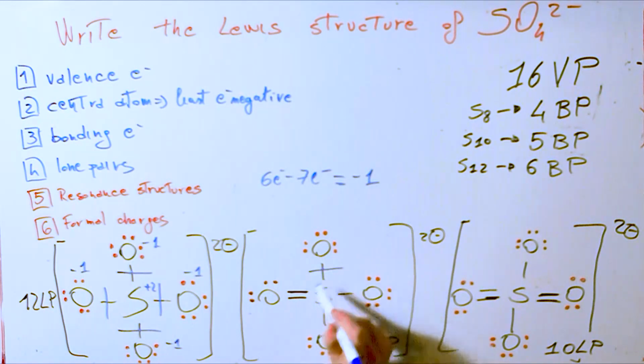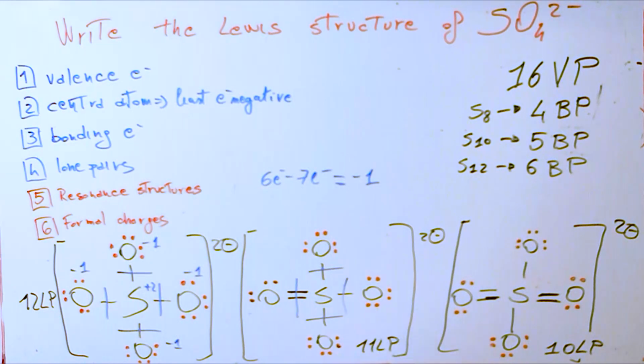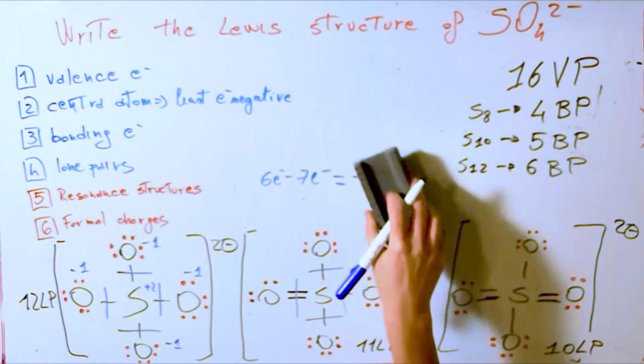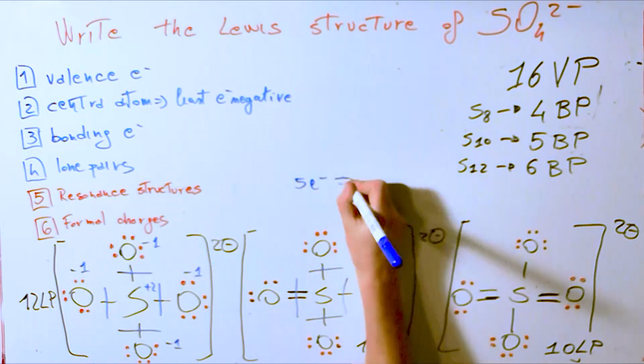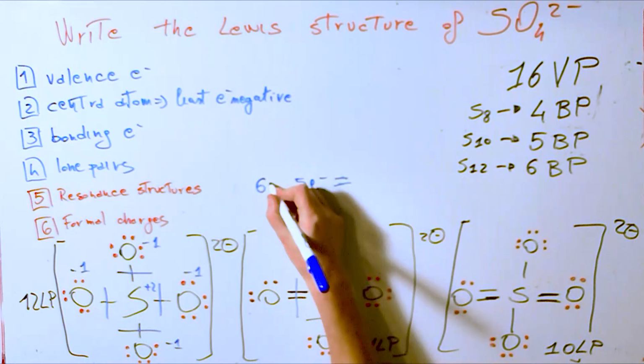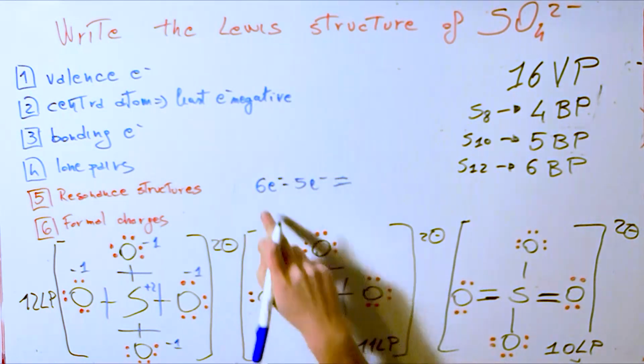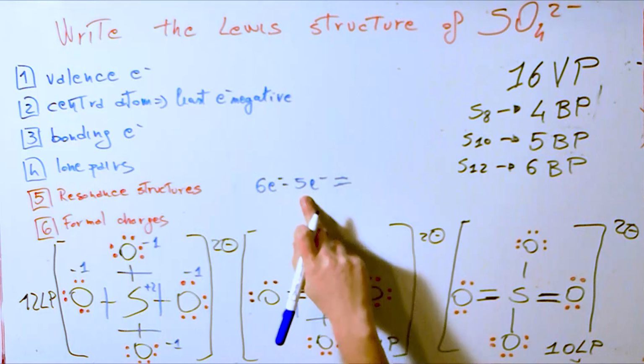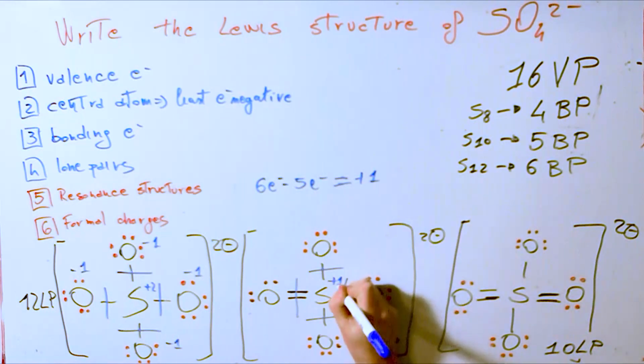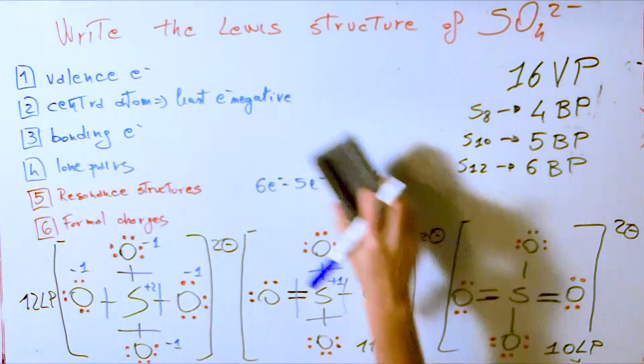Let's repeat the same formal charge calculation for this one. Sulfur has now, after the division of the bond, 5 electrons around it. But the valence electrons for sulfur is 6, so 6 minus 5 is plus 1. So these are the formal charges.